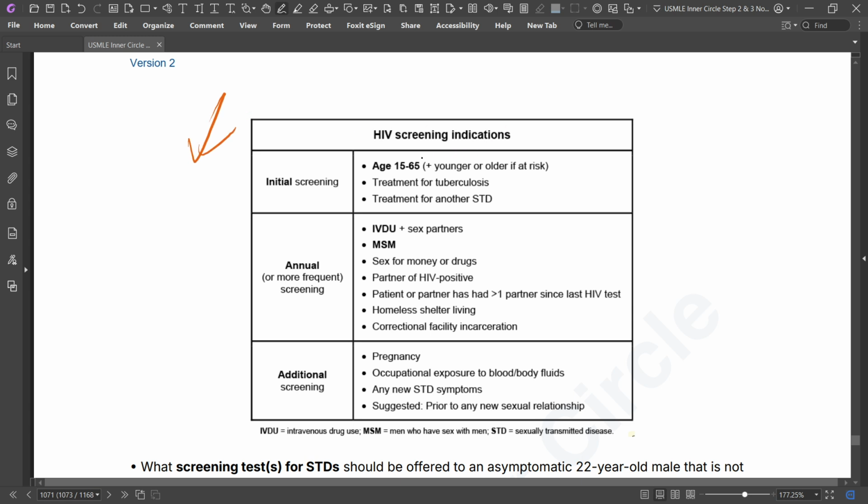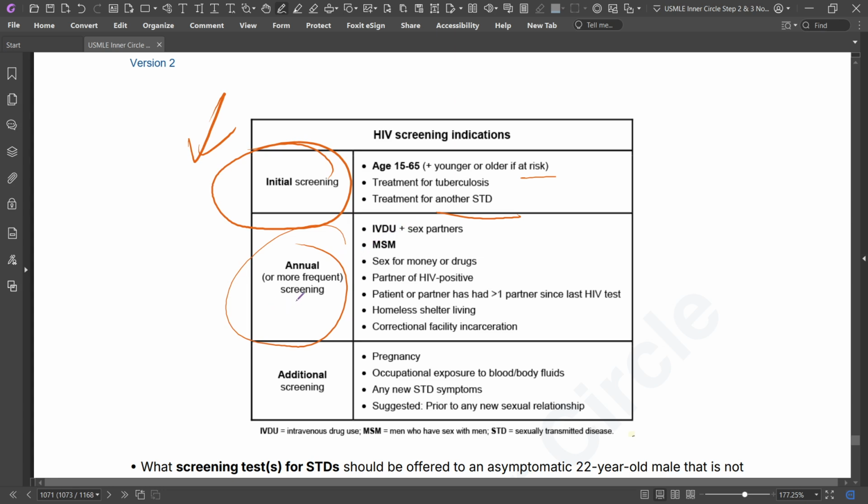HIV screening indications: initial screening at age 15 to 65, younger or older if at risk. Also screen with treatment for TB and treatment for another STD.